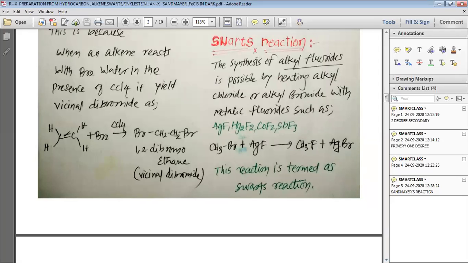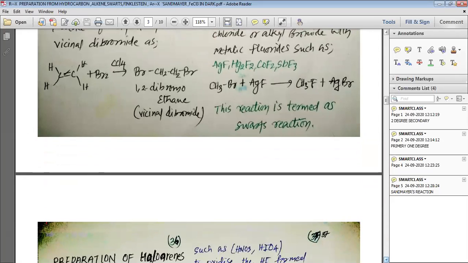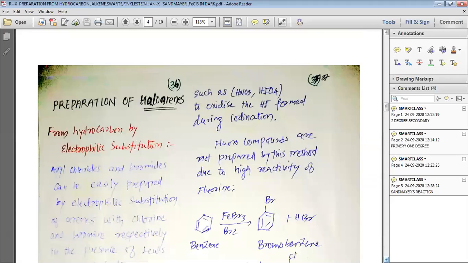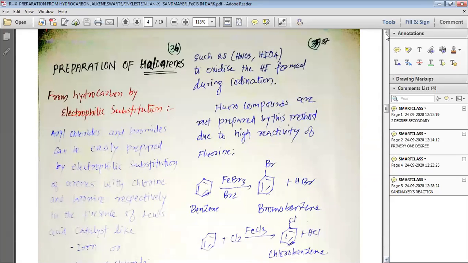This reaction is termed the Schwarz reaction. The reaction with fluorine is very vigorous, and that is why the Schwarz reaction is preferred for the preparation of alkyl fluoride, which is a comparatively safe reaction.